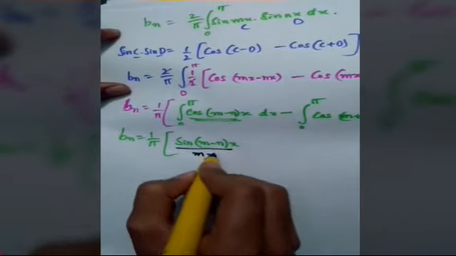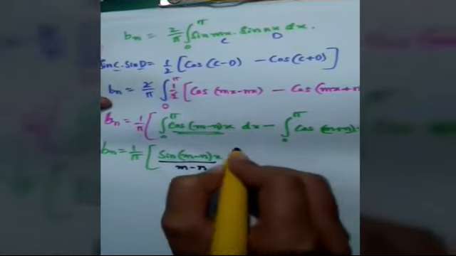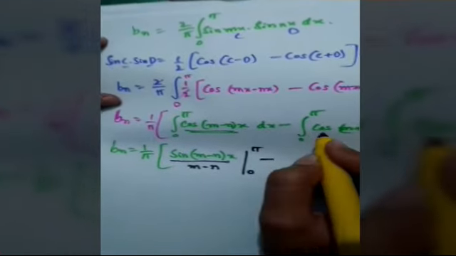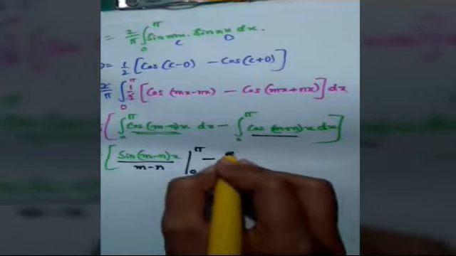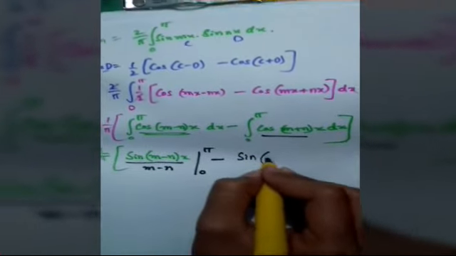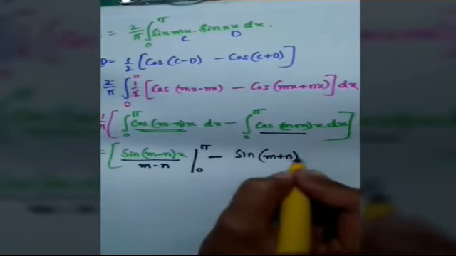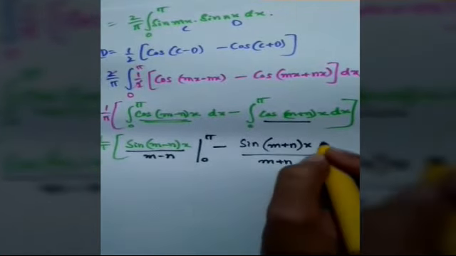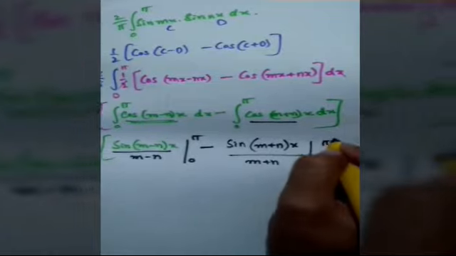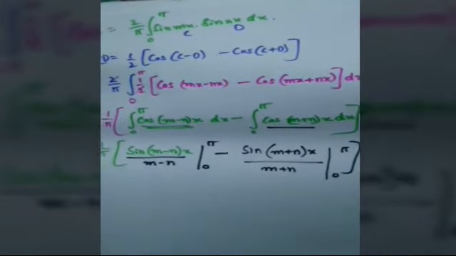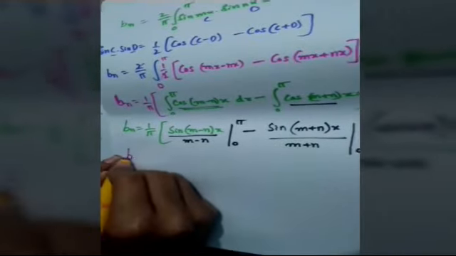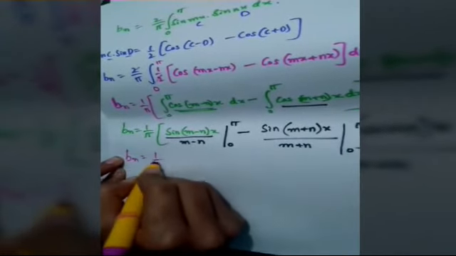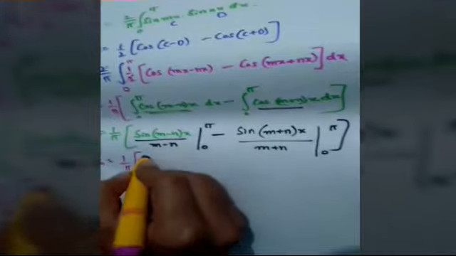Therefore we get bn is equal to 1 by pi integral, cos x is sin, so sin m minus n into x divided by m minus n, which is a constant, we shall divide by that, from 0 to pi, minus integral cos x is sin of m plus n into x by m plus n from 0 to pi.